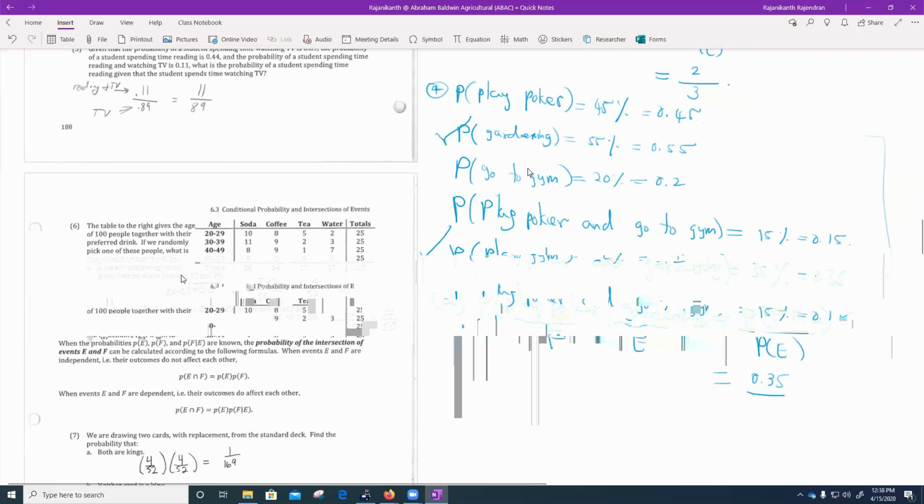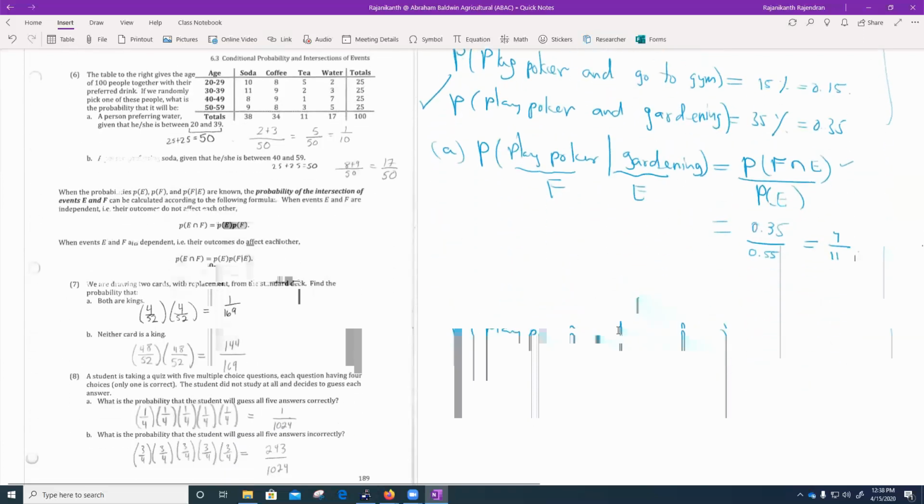The probability of gardening is 0.55. So take your calculator and simplify this. This will give you 7 over 11. I'm not rounding my answer. I'm keeping it as an exact answer. So we always do that, right? Unless they ask you to round, otherwise keep it as a fraction.